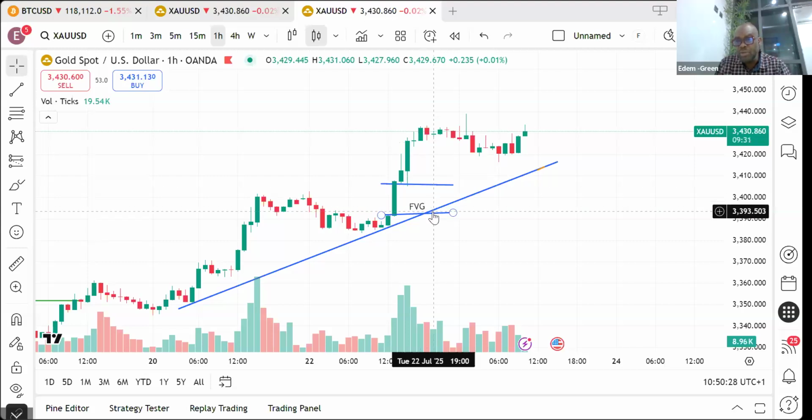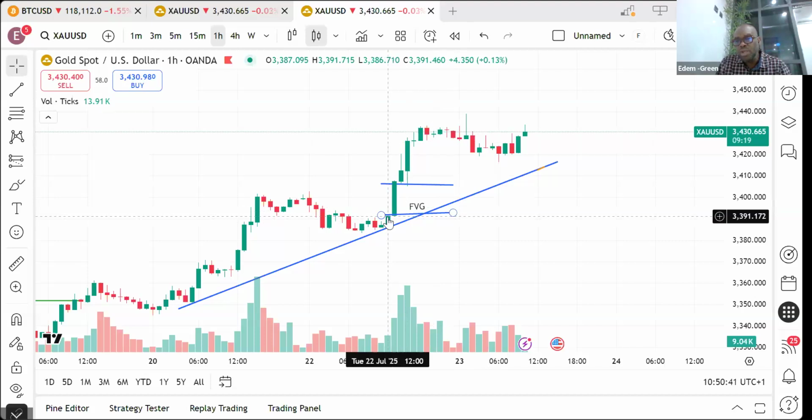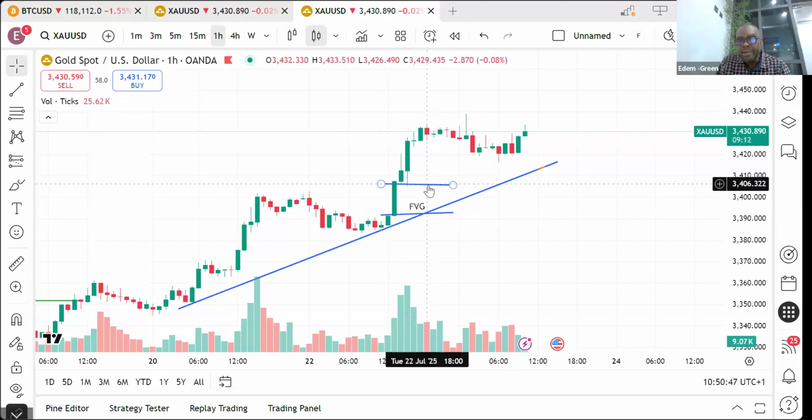So now, Ezekiel before now talked about high probability trade and all that. So I just want to add that once you identify your fair value gap, the bottom line is called the discount low. This one is called the discount low, while the upper one, the upper band, is called the premium high.